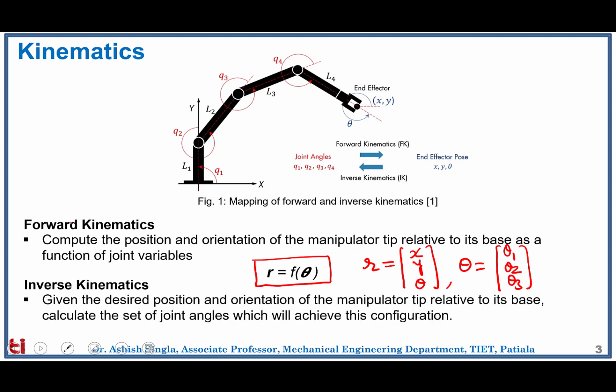Whereas in the inverse kinematics, given the desired position and orientation of the manipulator tip relative to the base, so this is the manipulator tip and this is the base of the manipulator, we can calculate the set of joint angles theta 1, theta 2, theta 3 which will achieve this particular configuration explicitly. And next point is that inverse kinematics involves highly nonlinear equations which have multiple solutions.